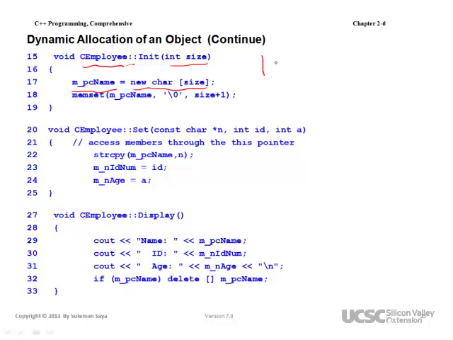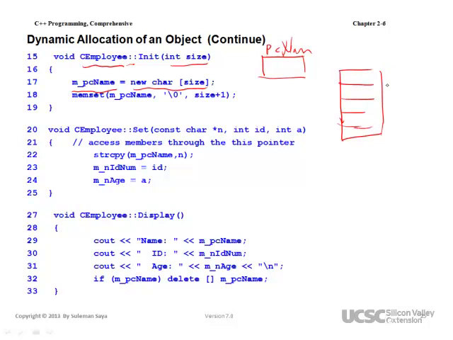So I have this PC name, and then an array of characters of some size, whatever the size is going to be.